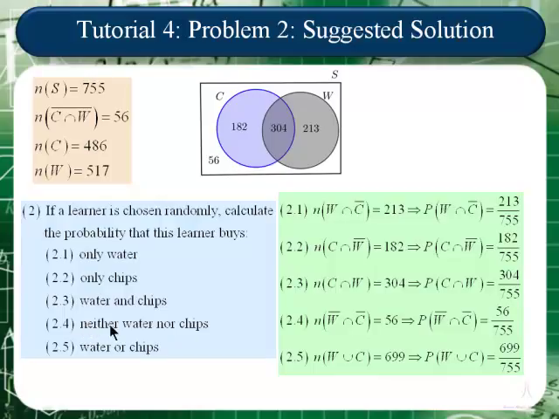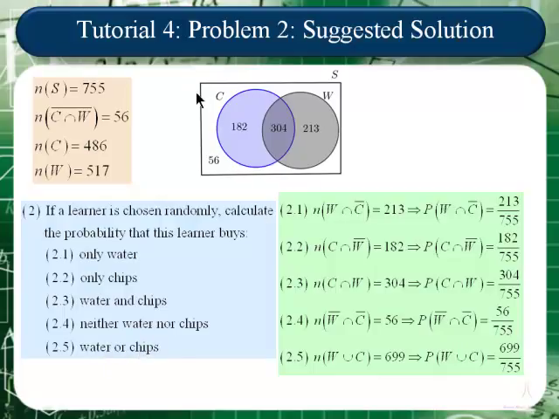Number 4, that he buys neither water nor chips. In other words, none of the two. And that is 56. Note the two ways. You can say it's the portion outside the union, or it is not water and not chips. Same way, same statement. And that's 56. And that probability is 56 over 755. And lastly, that a learner buys water or chips.